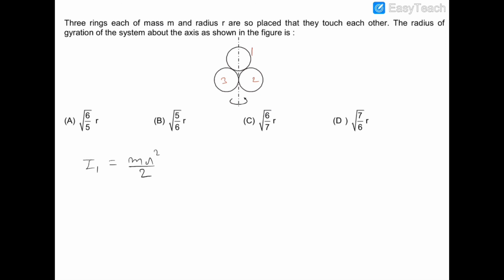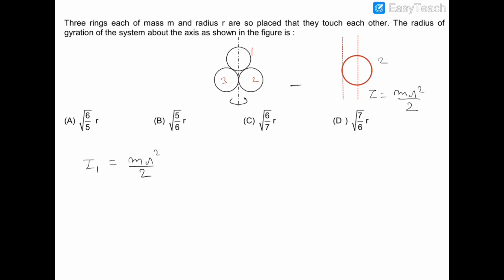So let us draw the ring 2, and we know that MOI of ring 2 about central axis will be I is equal to mr square by 2, and therefore the MOI of this ring about this axis, which is passing tangentially, and this axis is parallel to the central axis.